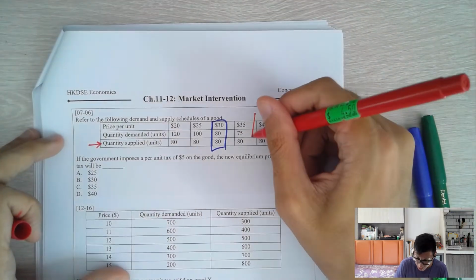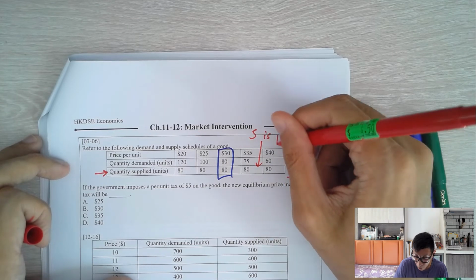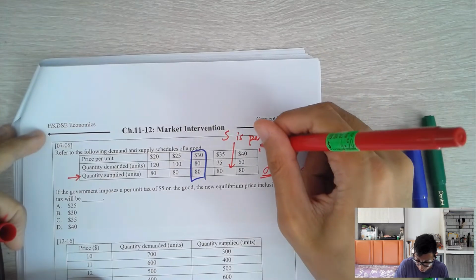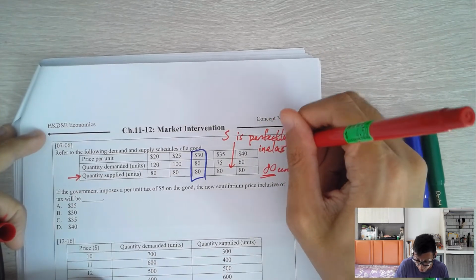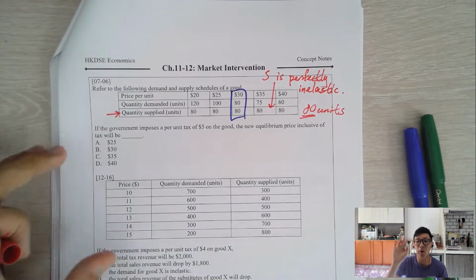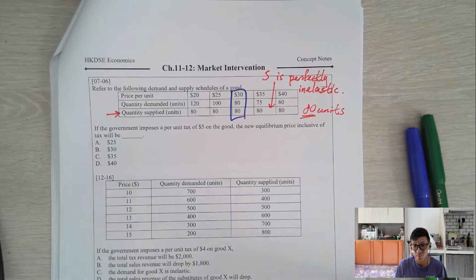So what does that mean? It means that this supply is perfectly inelastic. You see, it is totally unresponsive, not responding to a change in price.